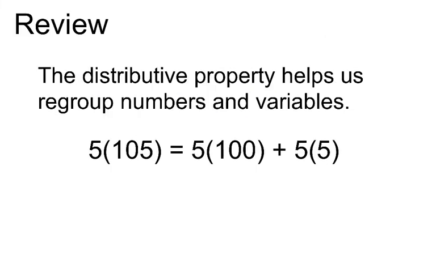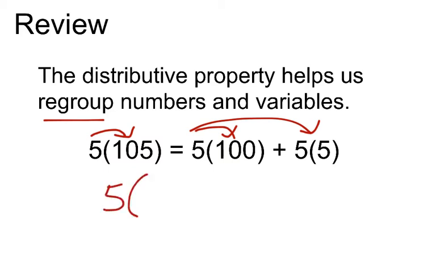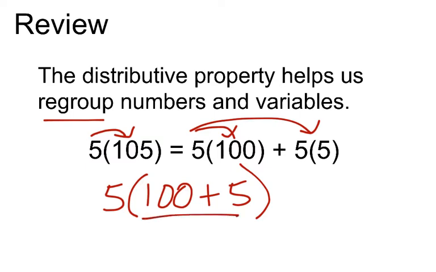So let's review. The distributive property helps us to regroup numbers and variables. For example, we can regroup 5 times 105 as 5 times 100 plus 5 times 5, because we can rewrite this as 5 times the quantity 100 plus 5. Likewise, we can regroup the opposite way. We can add these two and then regroup additionally.